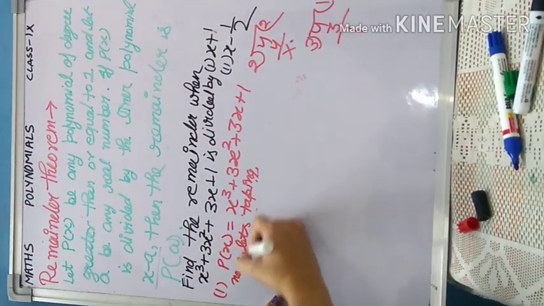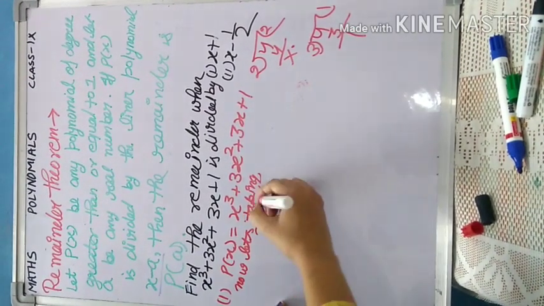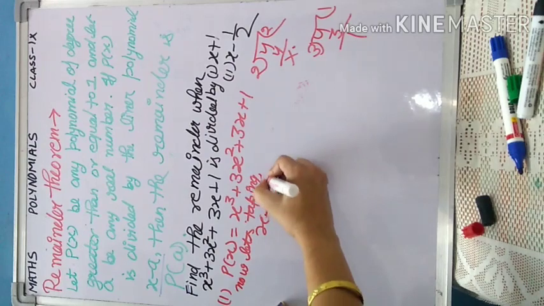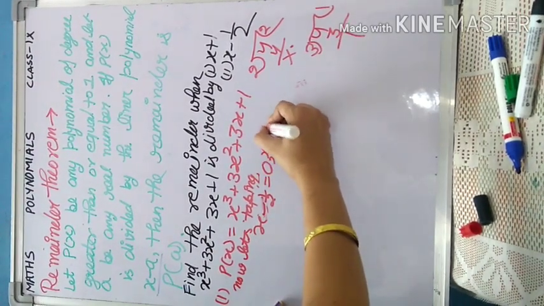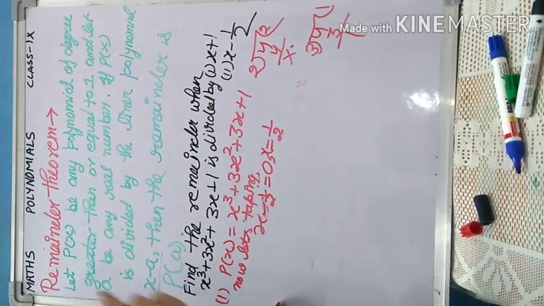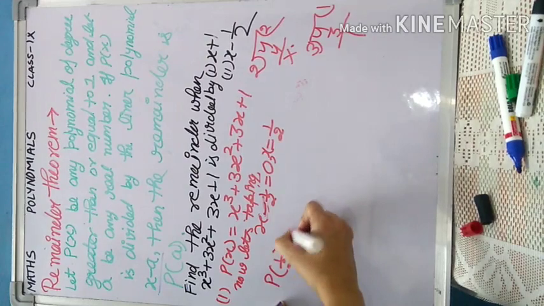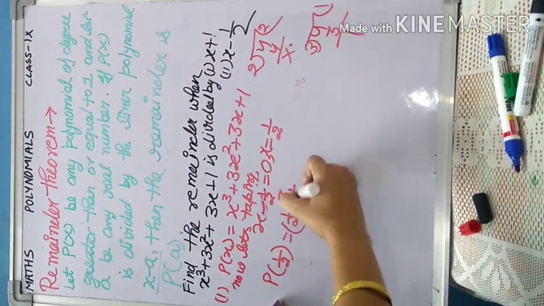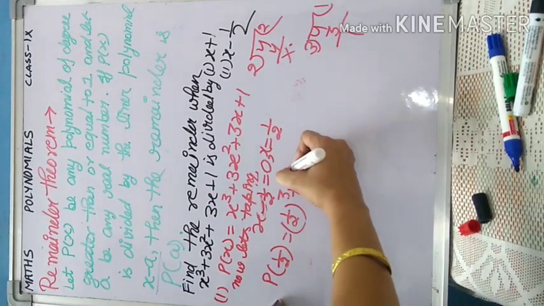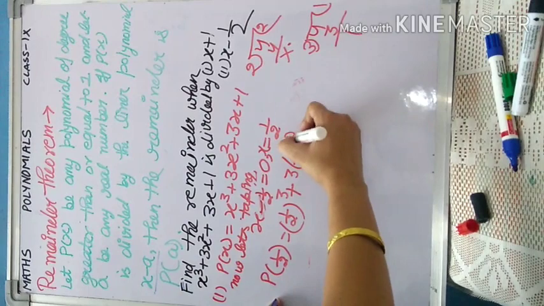Now let's take x minus half is equal to 0. So x is equal to half. So we will be calculating this p(half) is equal to, we will put 1 upon 2 at the place of x wherever x is written in the polynomial.